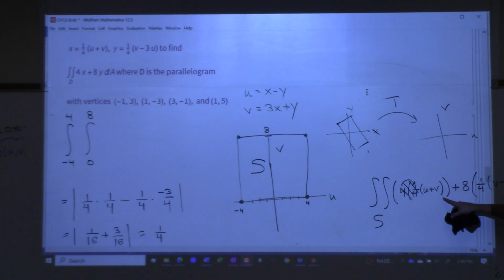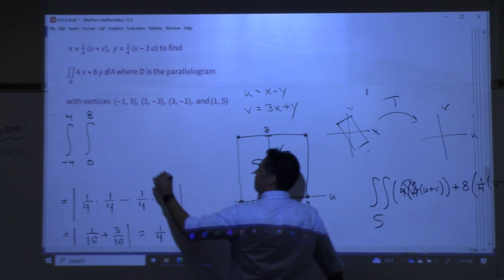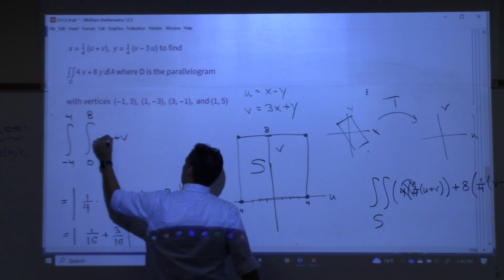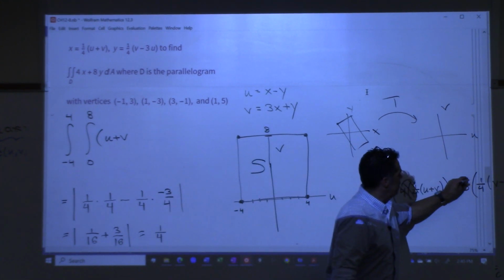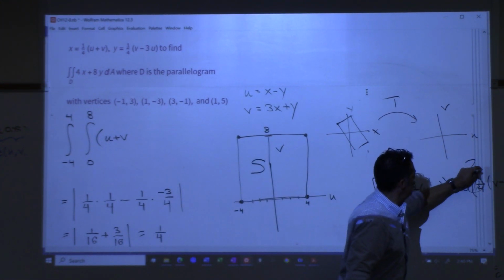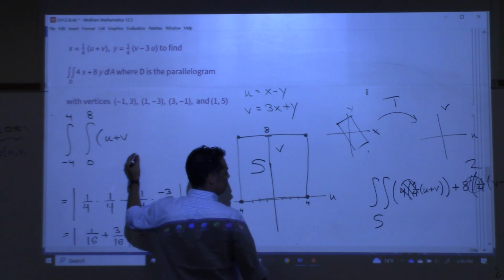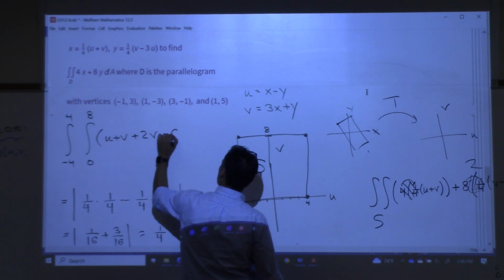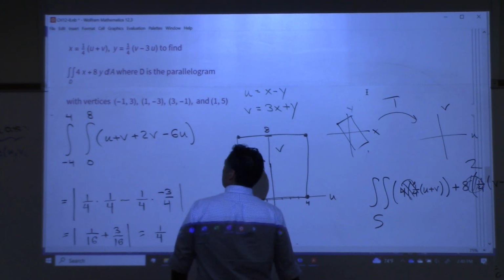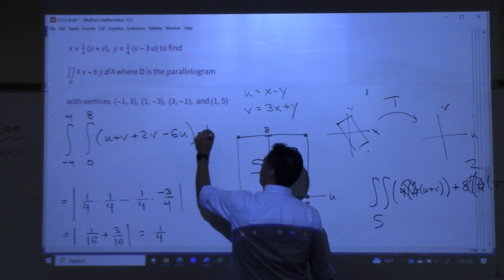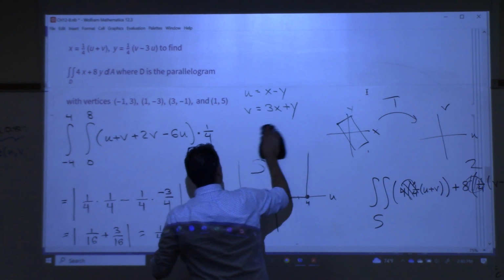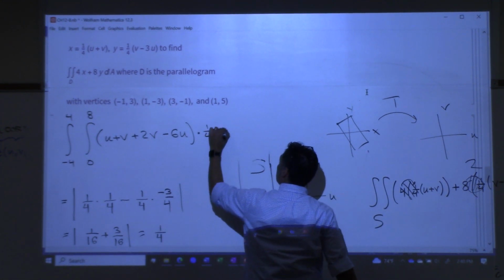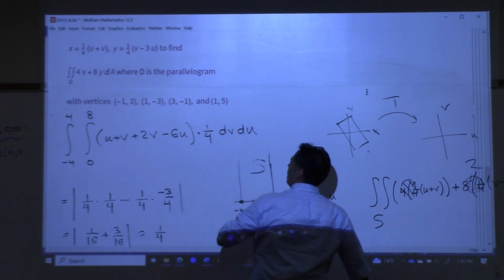So that's just u plus v. And then this goes here and becomes a 2, so 2v minus 6u, times 1/4, dv du.